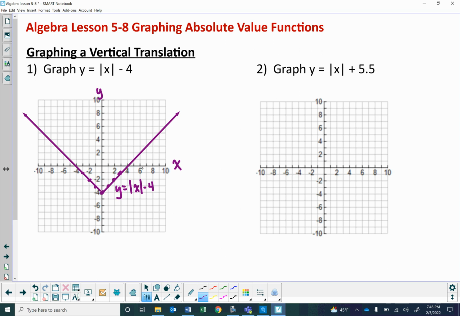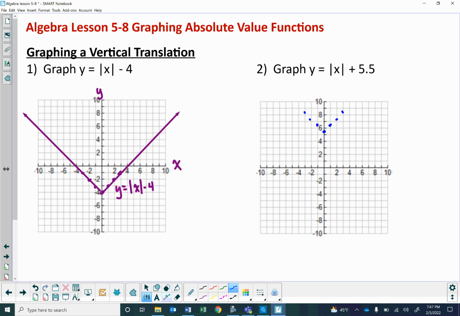Number 2 here asks us to graph y equals the absolute value of x plus 5.5. So here I'm going to go to 5.5, which is about here. And then I'm going to go up 1, right 1, up 1, right 1, up 1, right 1. And then I'm going to go back to that 5.5 point, and I'm going to go up 1, left 1, up 1, left 1, up 1, left 1.